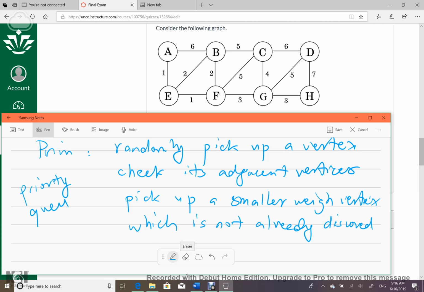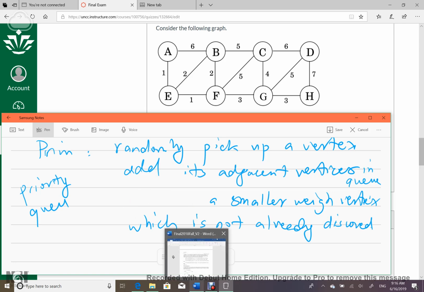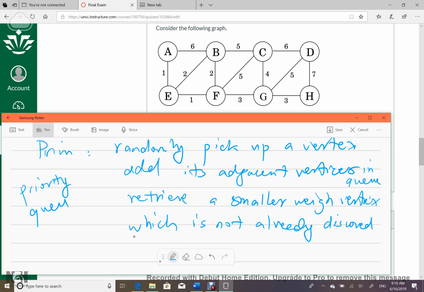Add the adjacent vertices in the queue, and retrieval, and this procedure continues for v minus 1 times, right?